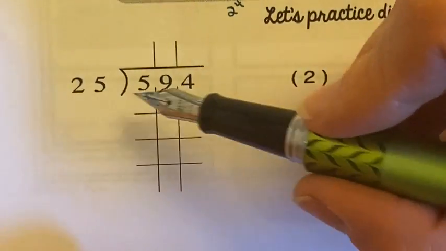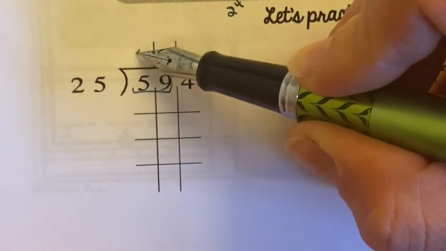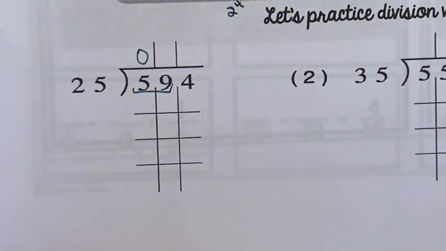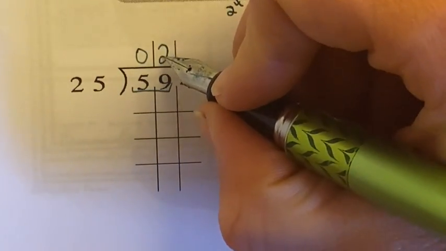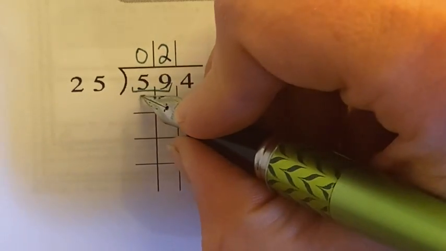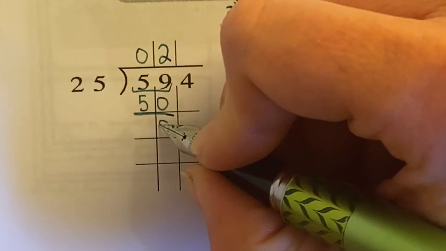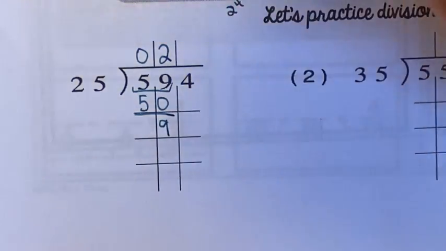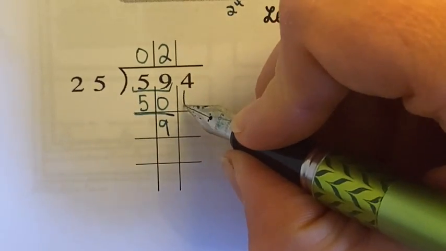And let's begin. I'm going to start, because I know it doesn't go into 5, so 0. I'm going to look at how many times 25 goes into 59. That's 2 times. 25 times 2 is 50, which gives me a difference of 9. How many times does 25 go into 9? It doesn't.